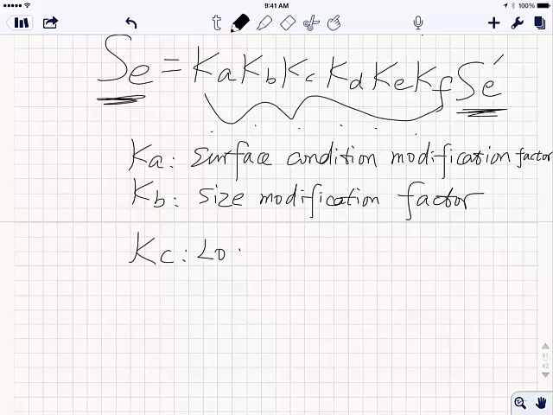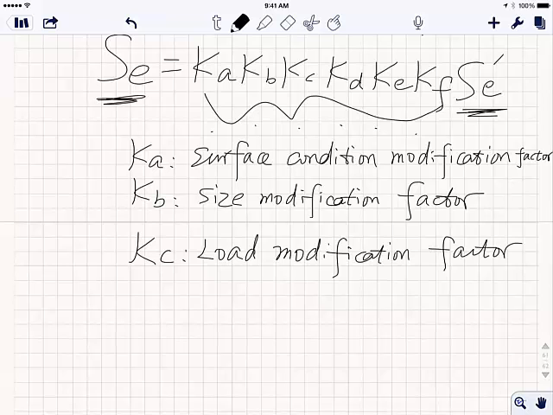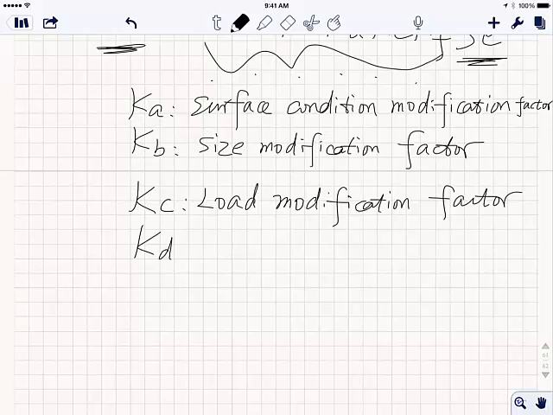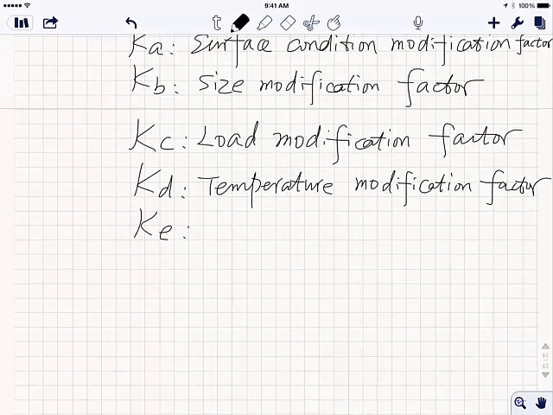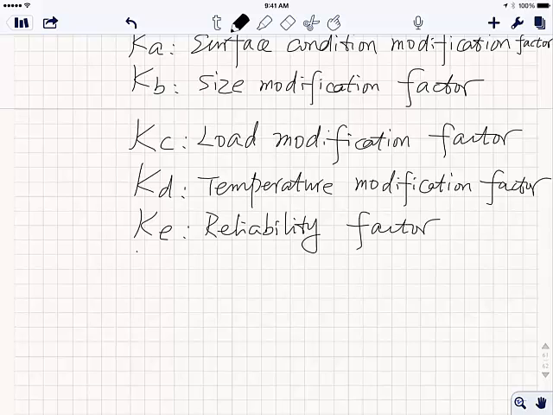There are 3 more: Kd is temperature, Ke is reliability, and the last one, Kf, is miscellaneous effects.